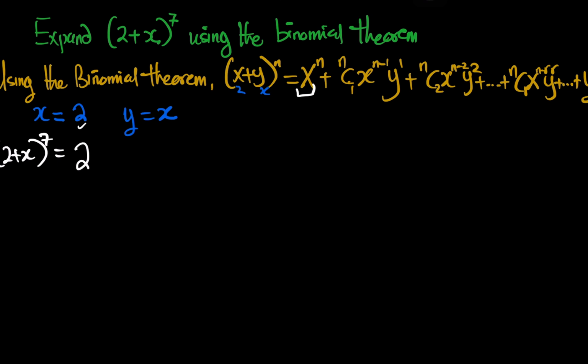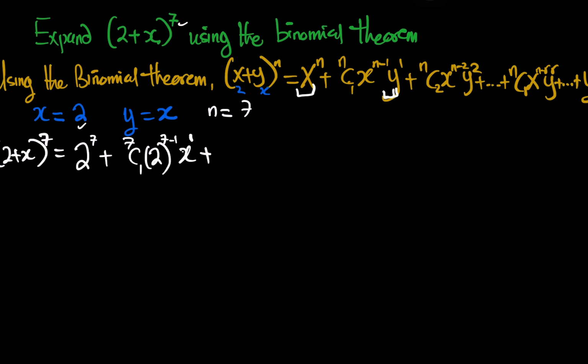So we're going to have 2 to the power n. Our n is 7. So 2 to the power 7 plus n, which is 7, combination 1. And then we have our x, which is 2 to the power n minus 1, like this. And then we are multiplying by y to the power of 1. What is y? y is x. So x to the power 1, like this.